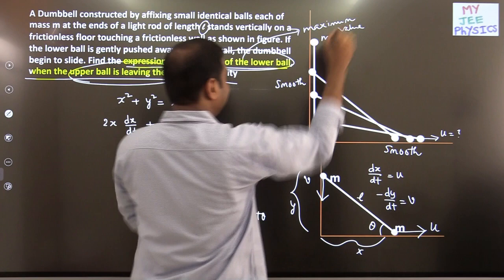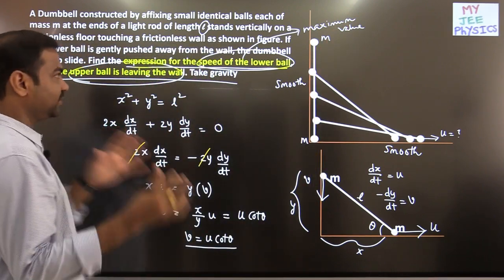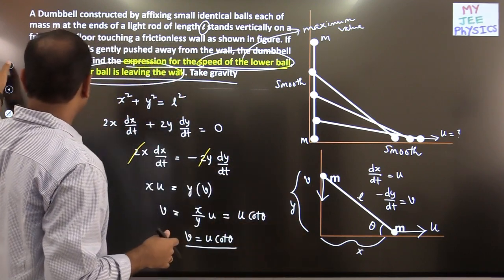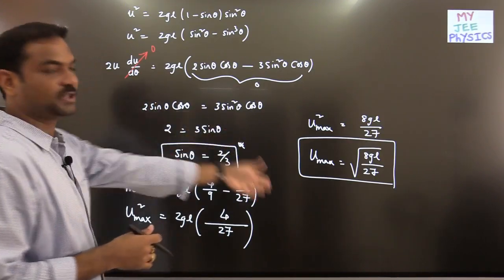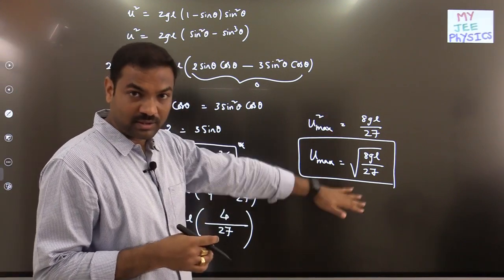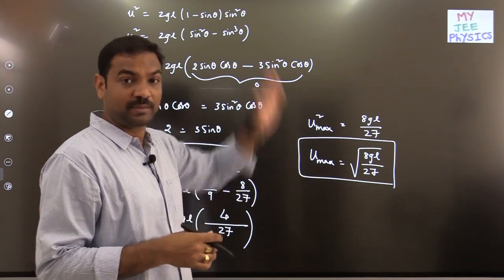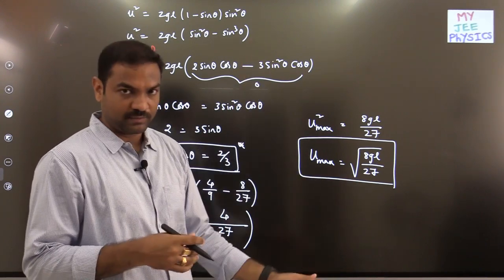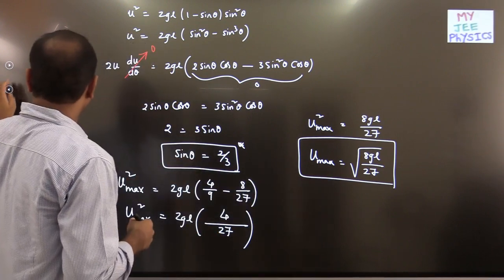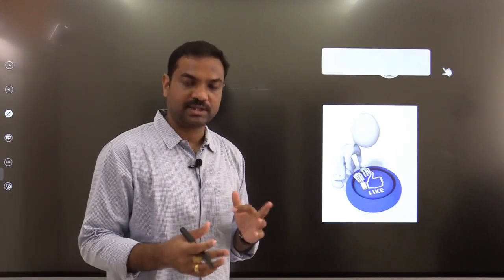So both are happening simultaneously. This is the velocity of the lower ball when the upper ball leaves the wall. I hope you enjoyed the concept and the logic of the question.